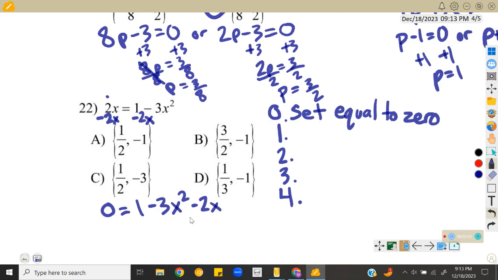I taught you guys earlier in the year that the standard form of an equation is just starting with the biggest exponent and having the exponent decrease. 0 equals this. We can easily just rearrange this and write the 0 on the other side. So I could just as easily put the 0 here.